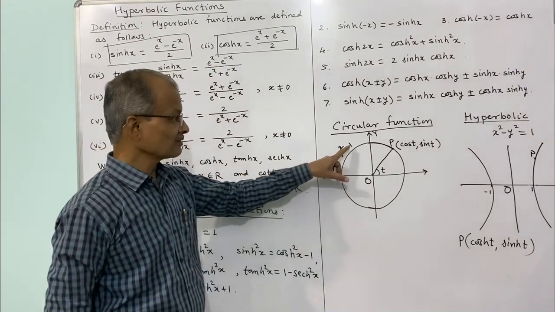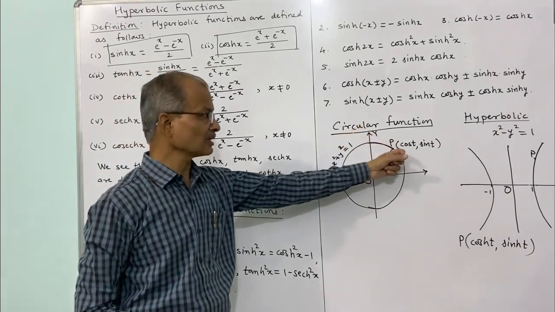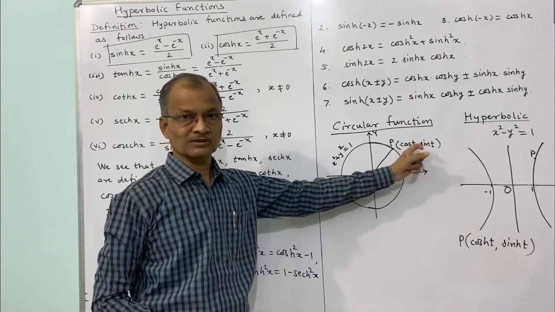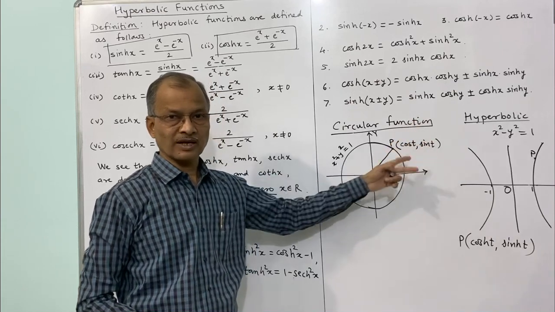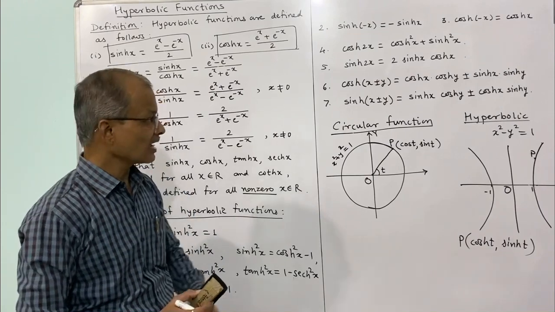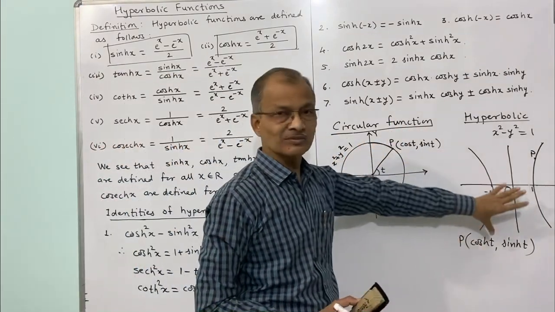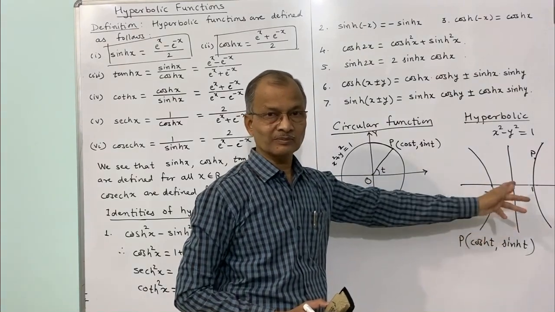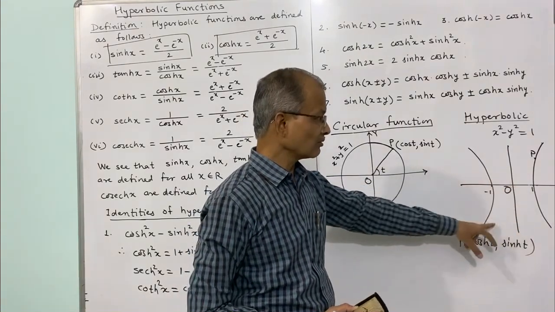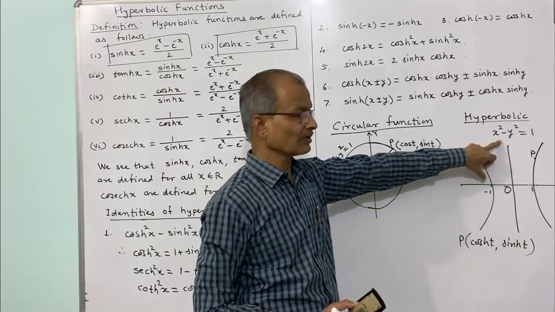X square plus y square is equal to 1 represents a circle, and therefore usual trigonometric functions are called circular functions: sin x, cos x, tan x, cot x, sec x and cosec x. These are circular functions if you don't write h. And if you write h, then that becomes a hyperbolic function, because these functions are related to this rectangular hyperbola x square minus y square is equal to 1.